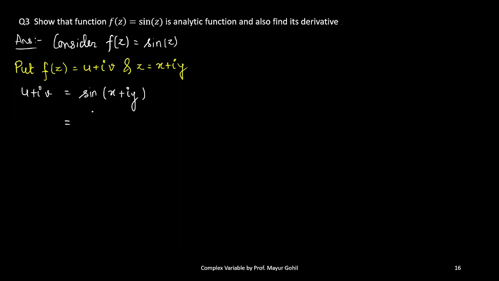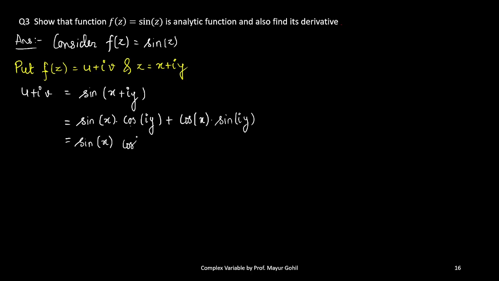So you have sine x times cos of iy plus cos of x times sine of iy. Now we use the relationship between the hyperbolic functions and the trigonometric functions. So cos of iy is nothing but cos h of y, the hyperbolic cosine.